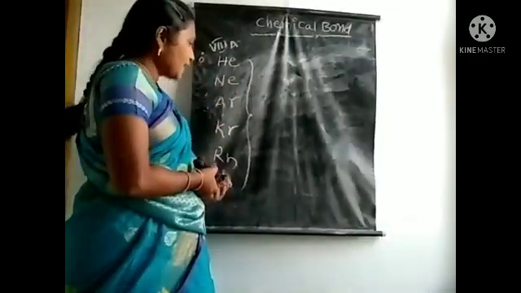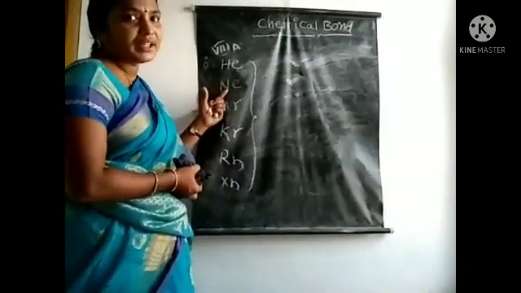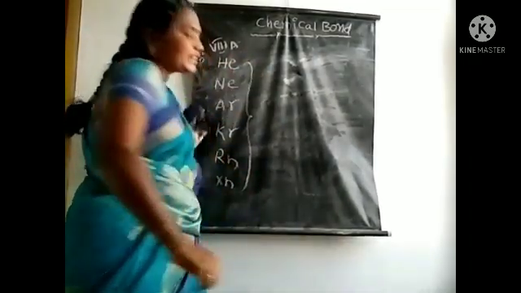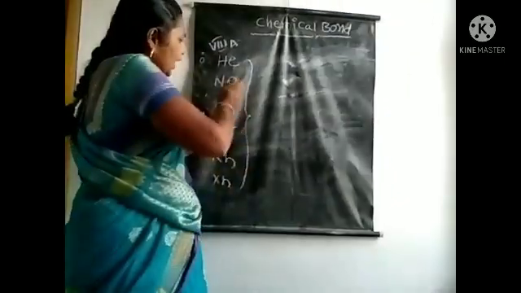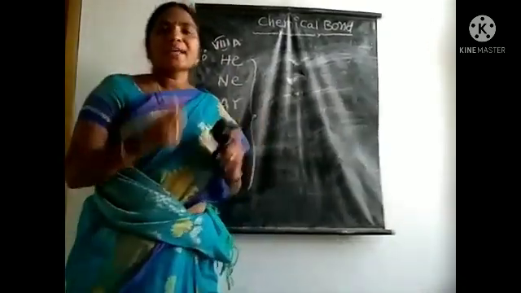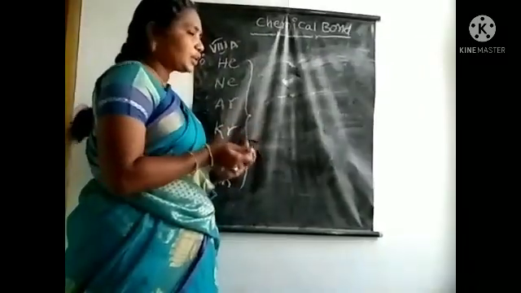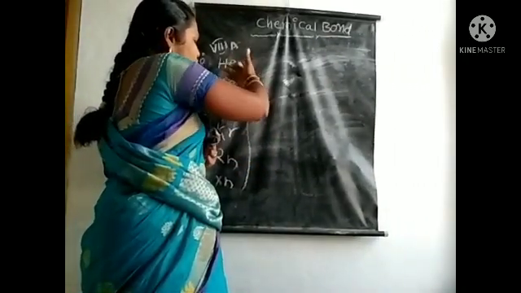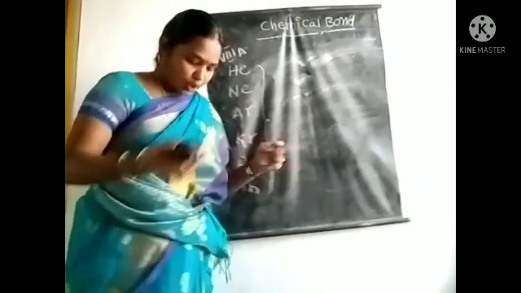Except helium, the remaining elements all contain 8 electrons in their outermost shell. Every atom tries to acquire the electronic configuration of inert gases, that means the noble gas electronic configuration.